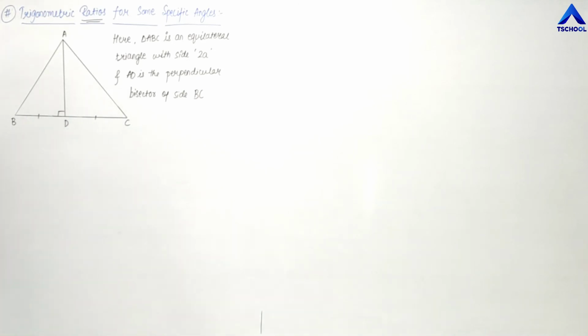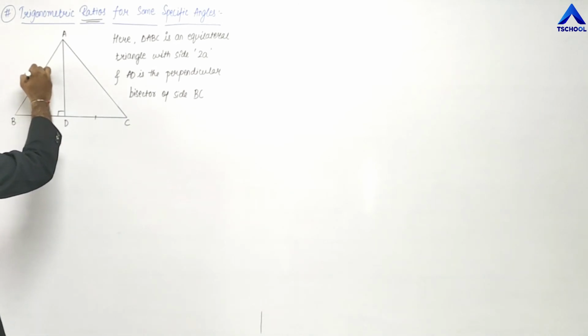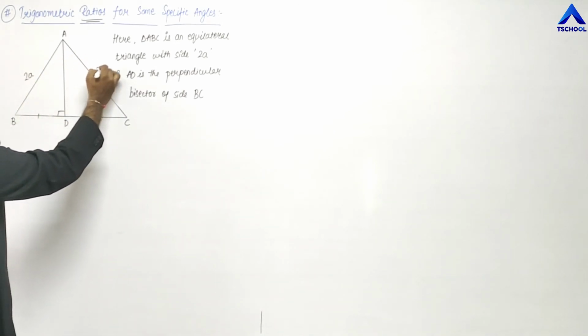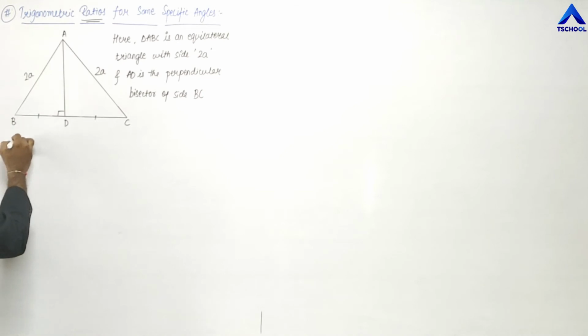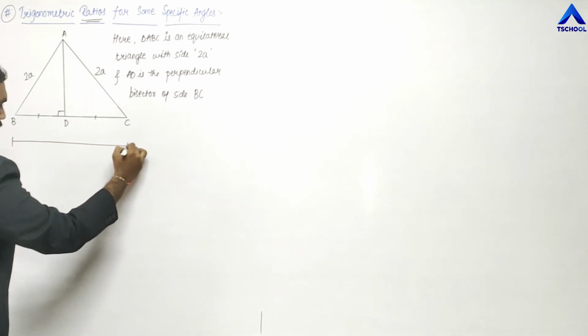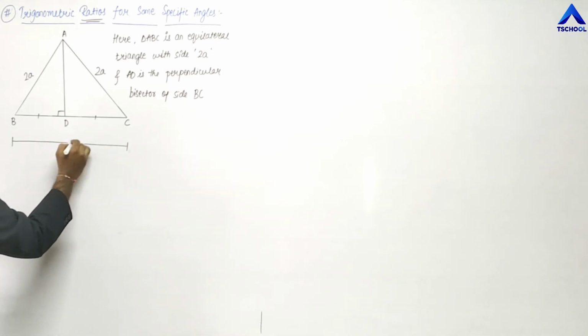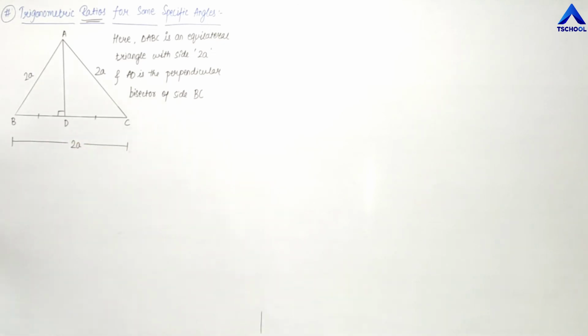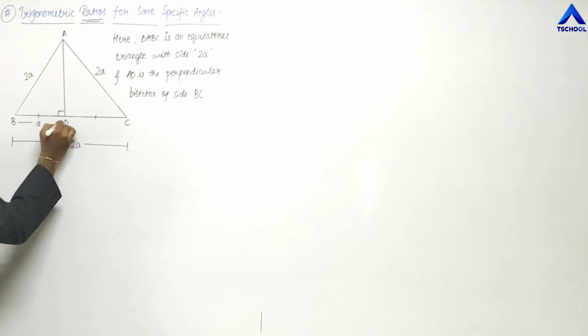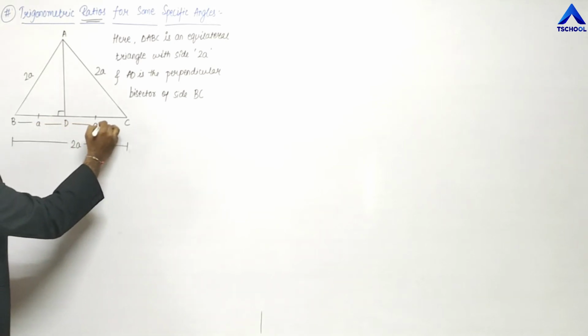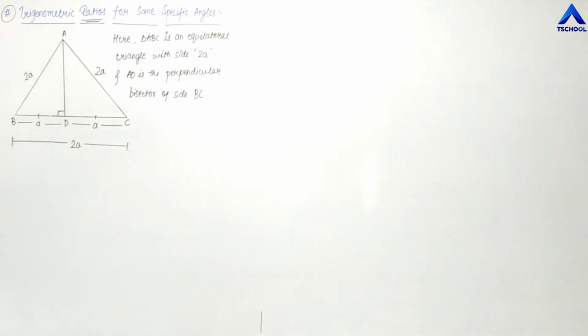Okay, so here we have taken the side. This is 2A, this is also 2A, this whole B to C is taken as 2A, and as we know that D is the midpoint, so this part will be A and this will also be A, right?